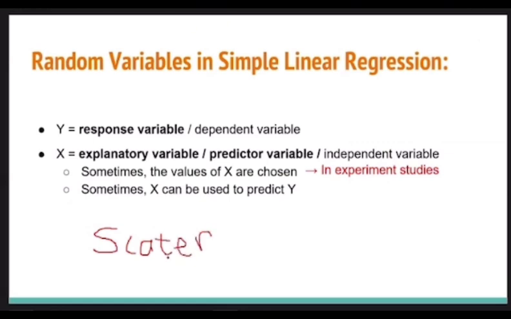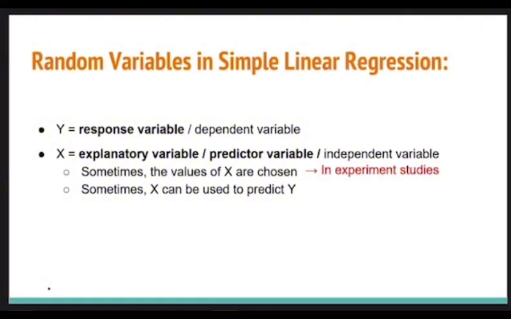You can generate scatter plots. What do I mean by a scatter plot? You plot the variables you are interested in. We're going to call one y and the other x. The one we call y is the response variable.